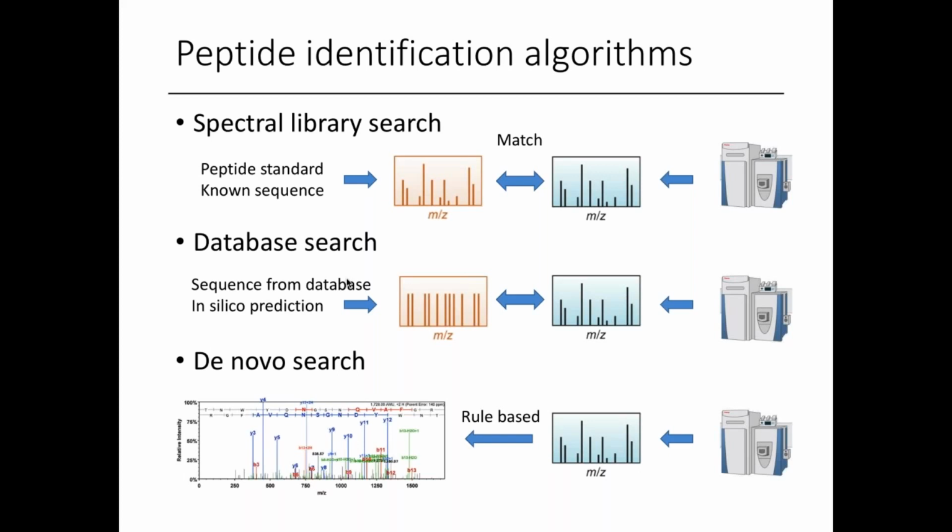If the two spectra match, then you have very good confidence that what you just saw is the same as the standard. The problem with this is that obviously you need a standard for each peptide, and because there are many tryptic peptides, the possibilities are very large. This is almost impossible to cover for all the possible tryptic peptides in any species.